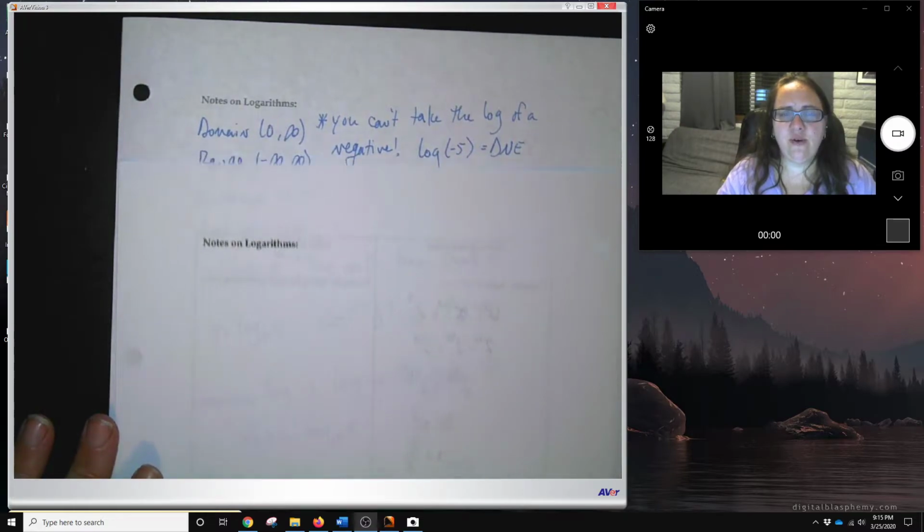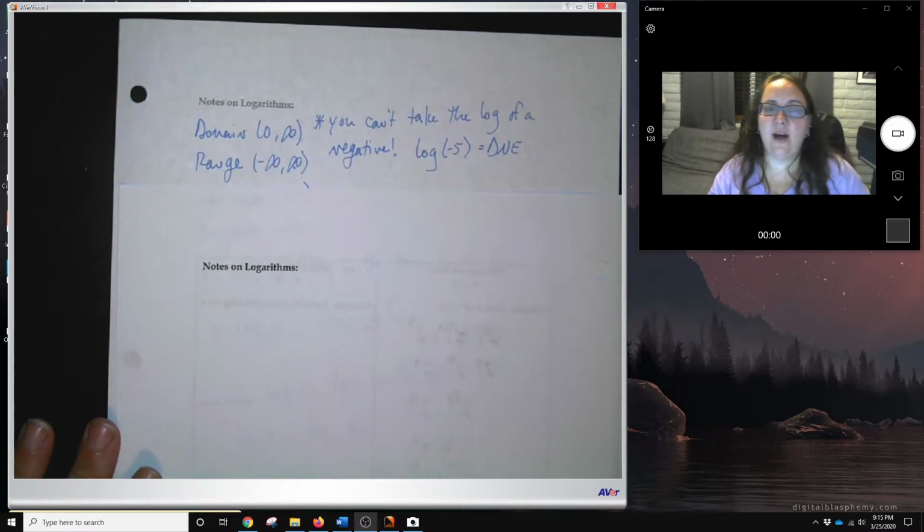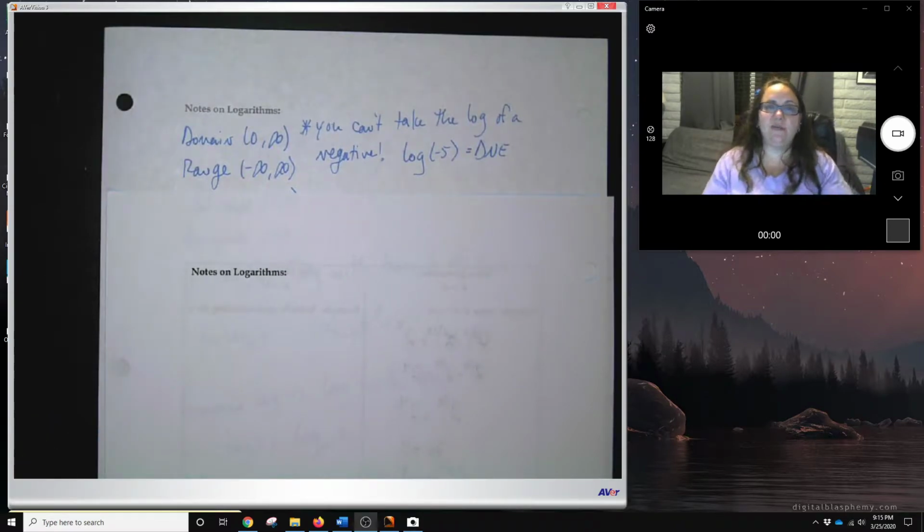So remember that since exponentials and logarithms are inverses of one another, there are certain things that I know. If the domain of an exponential is all real numbers and the range is the positives, and the logarithm is its inverse, then the domain of a log is the positives and the range of a log is all real numbers.